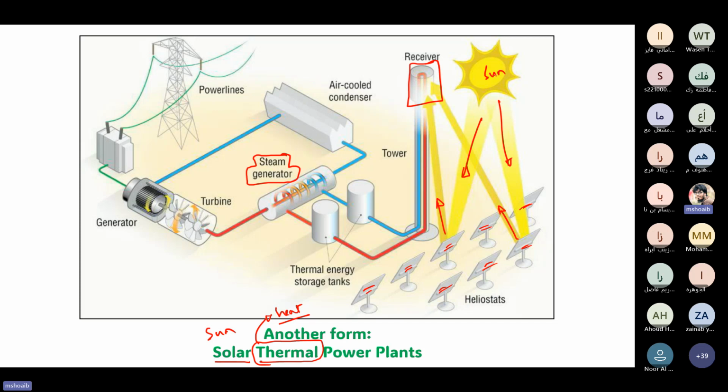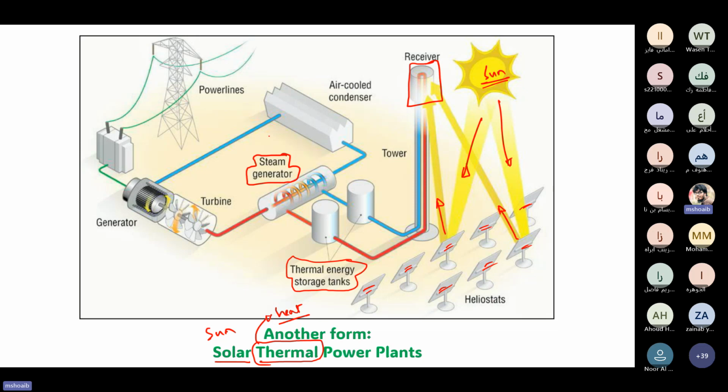As you know, the sunlight is very hot, and whenever you receive all this sunlight as a reflection, this receiver is made in a special way that it contains the heat, and you can store this heat in a thermal energy storage tank. Even you can store this thermal energy.